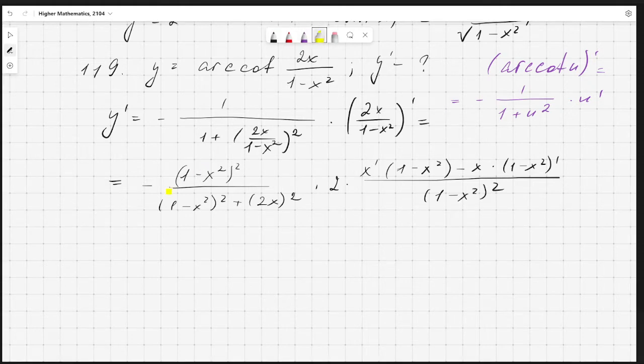We can take 1 minus x squared out, and we will have 2 times, x prime is 1, this 1, 1 minus x squared, minus derivative of 1 minus x squared is minus 2x, and this minus gives us plus 2x times x is 2x squared.